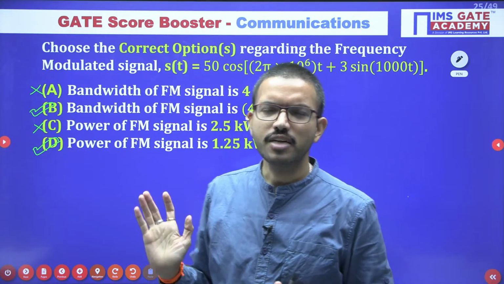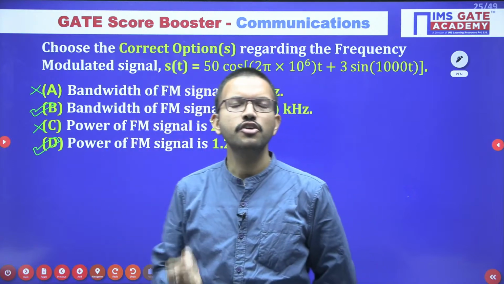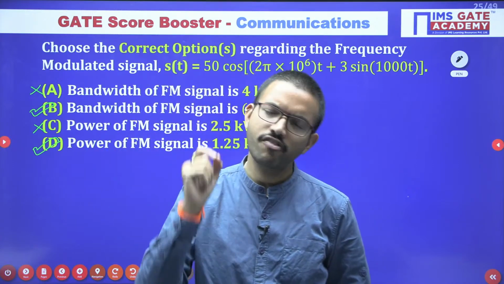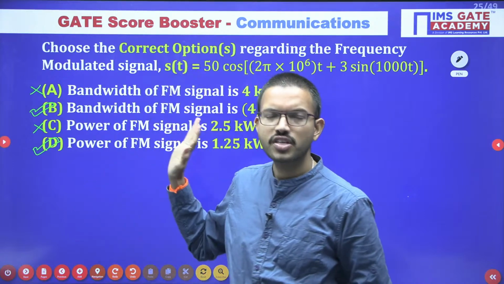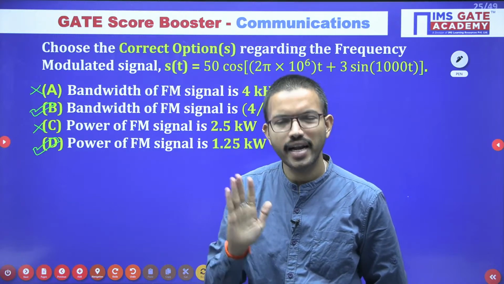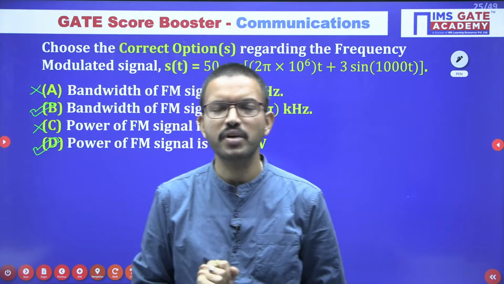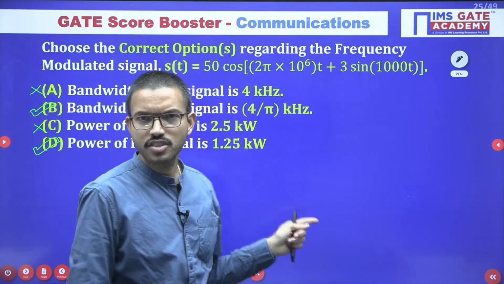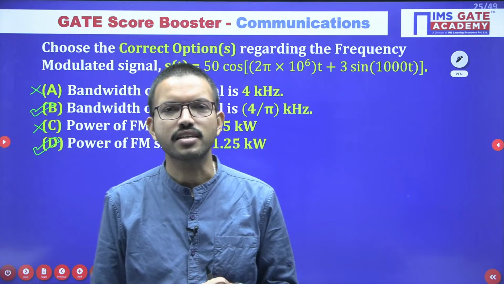That means whenever you are attempting any MSQ question in the GATE exam, just look at the question. If you can solve it in less time, definitely attempt it at that time. But if you think solving it may require more time, then better hold that question and try it at a later point during your GATE exam. Because in MSQ questions, at max 4 choices can be correct, right?